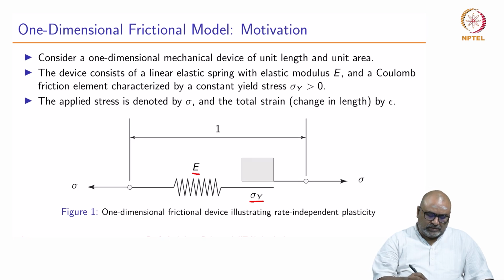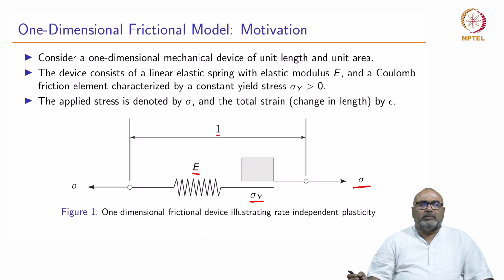So, this device consists of a spring and a frictional element together, and the length of this is 1 unit, and sigma is the applied stress, and the total strain, the change in length to the original length being 1 unit, the change in length is denoted by epsilon.